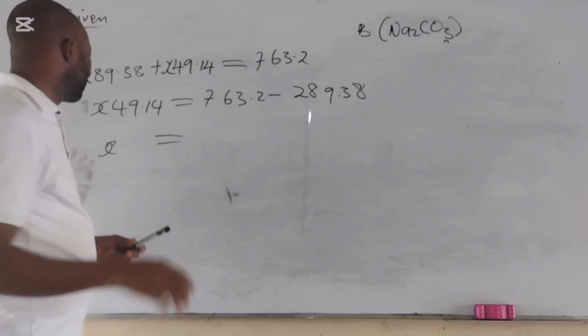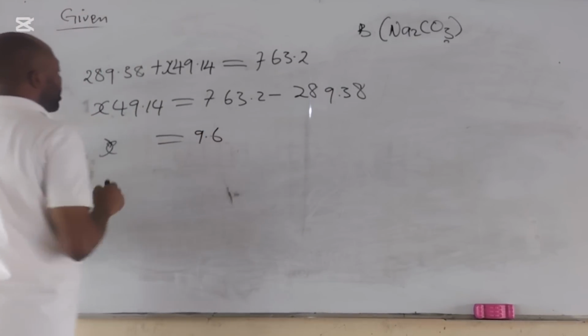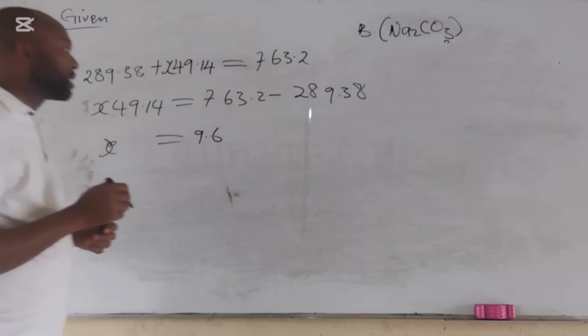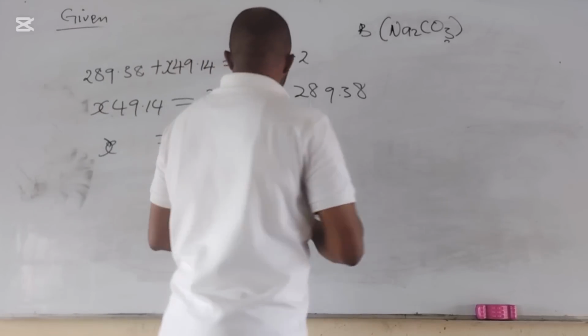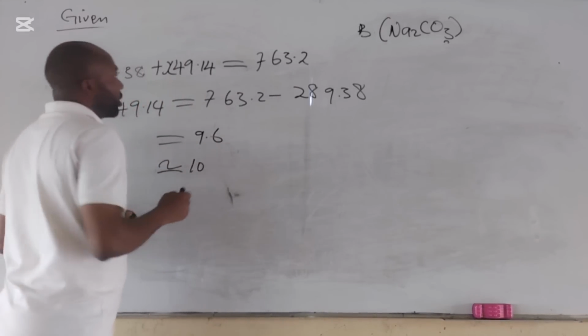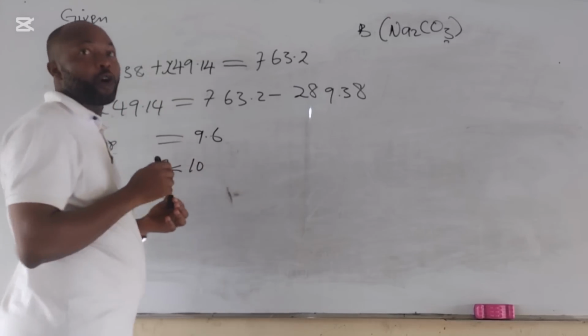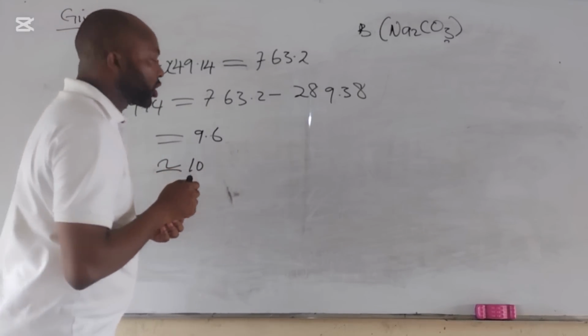X is 9.6. Therefore, if X is 9.6, which is approximately 10, we can say that the compound is sodium trioxocarbonate(IV) decahydrate because it contains 10 moles of water.